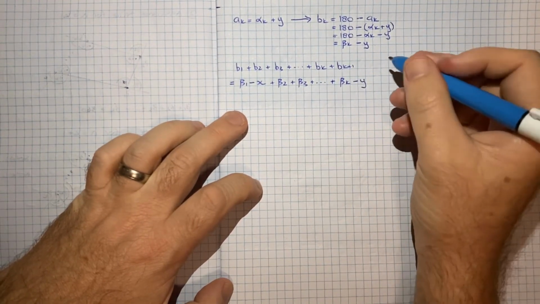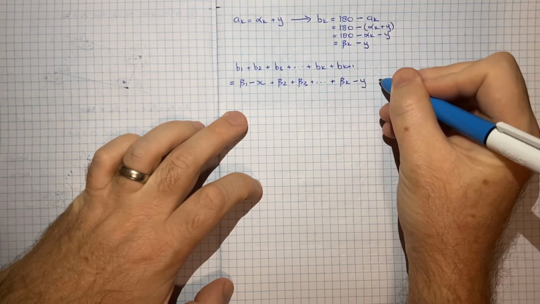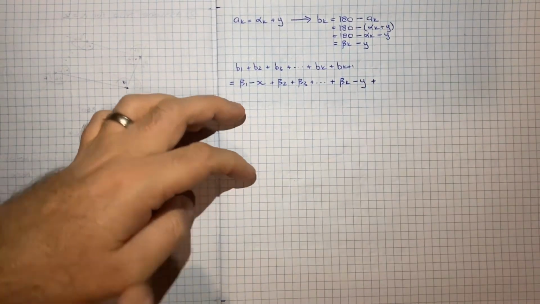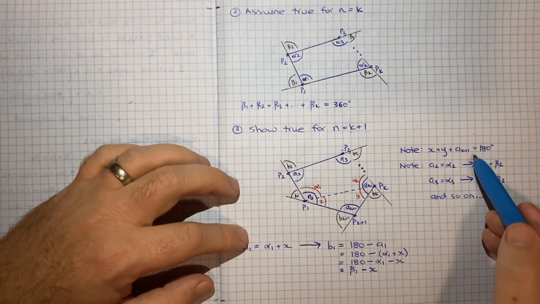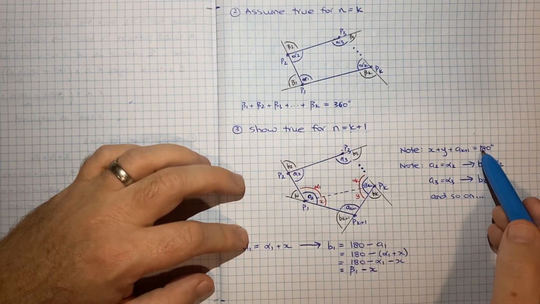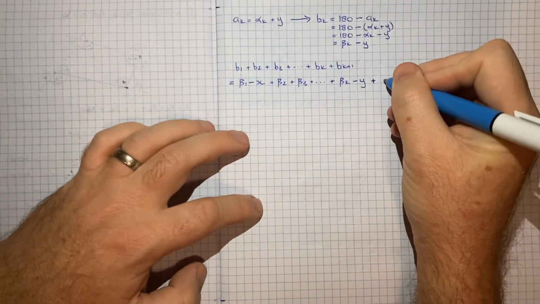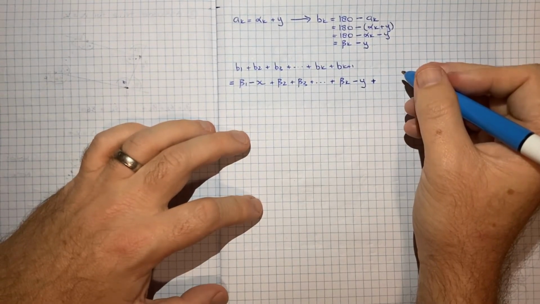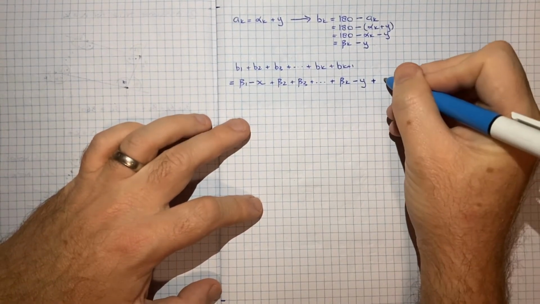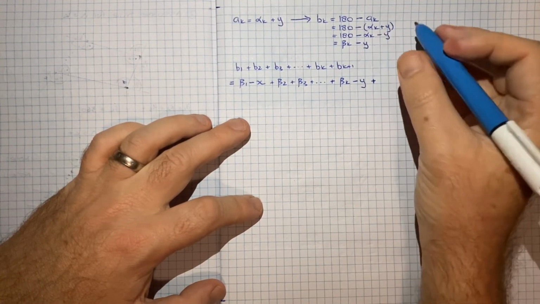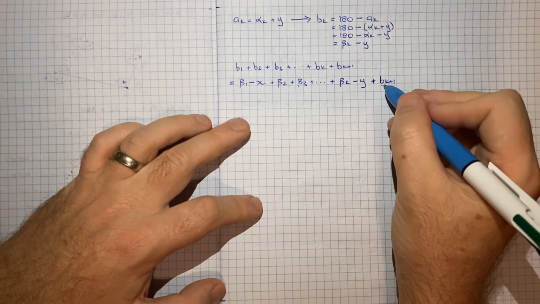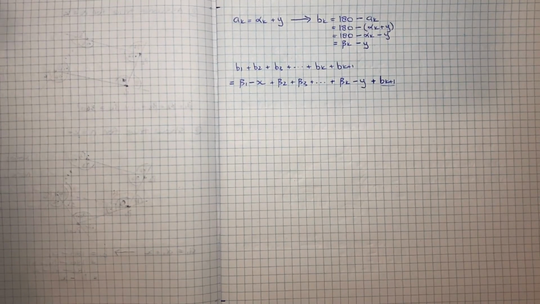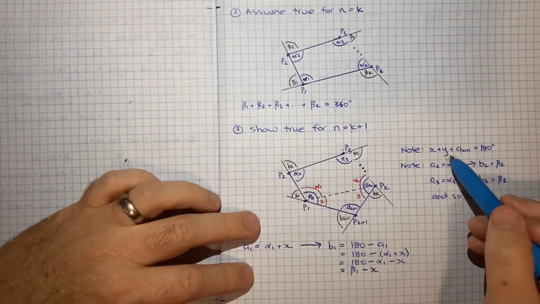So I can just write that as plus, well actually bk plus 1 we could write as 180 minus AK plus 1, but I'll just leave it as that for now, but then we're going to link up what we're dealing with. I'll just write this as BK plus 1 for now to keep it clean, and we'll focus on how we can simplify that later. We're going to come and link that up to this point here.